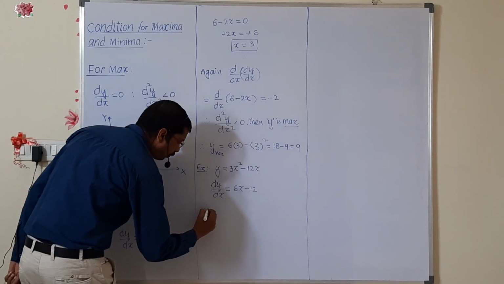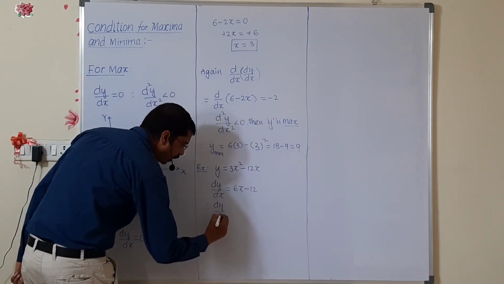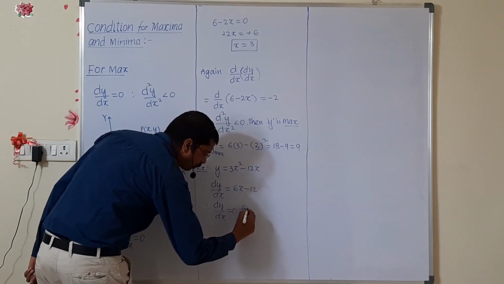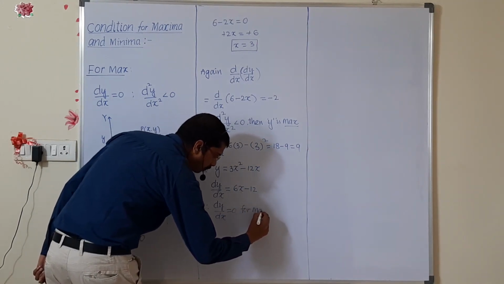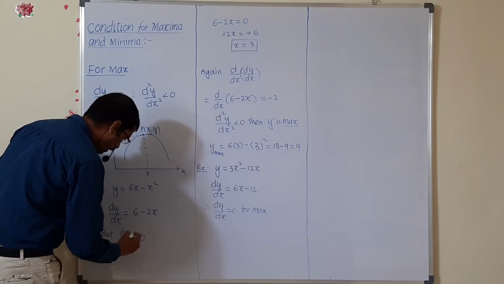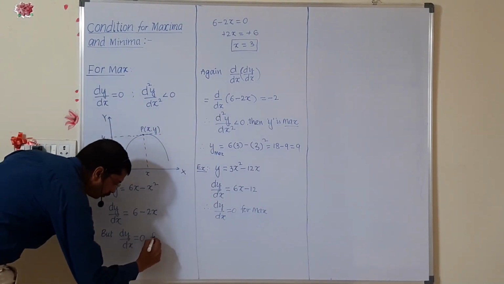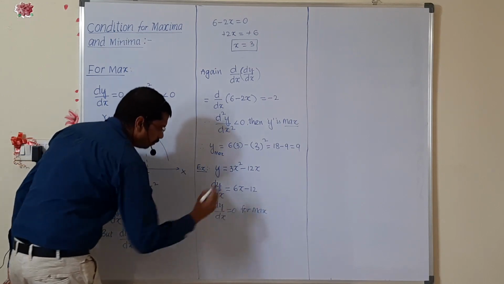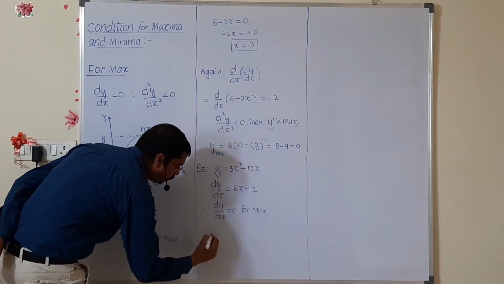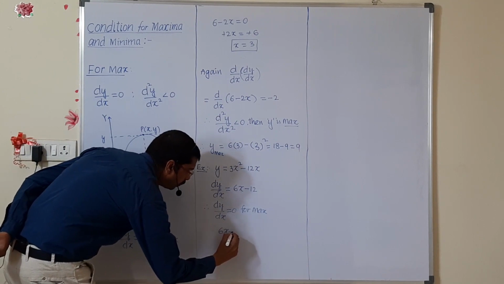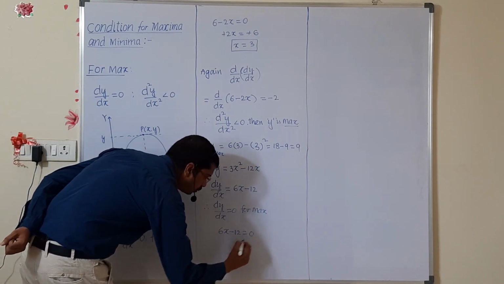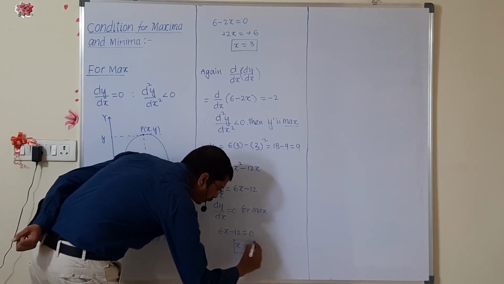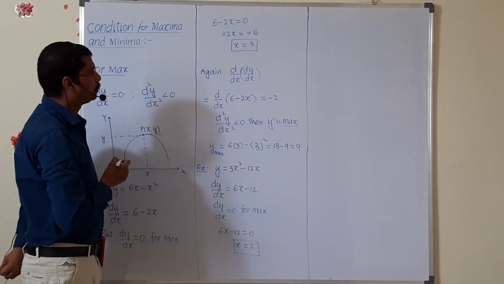Because dy/dx is 0 for a maximum or minimum. Now here, what is the value? 6x minus 12 is equal to 0, then x is equal to 2. The x value we got is 2.